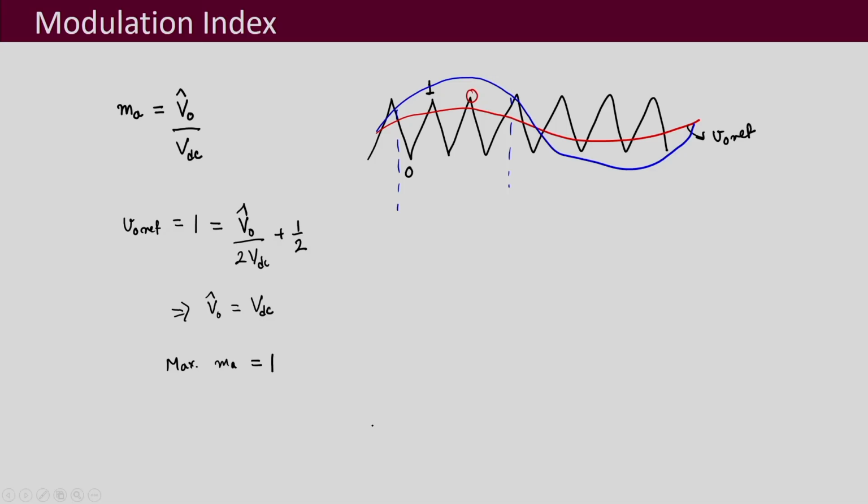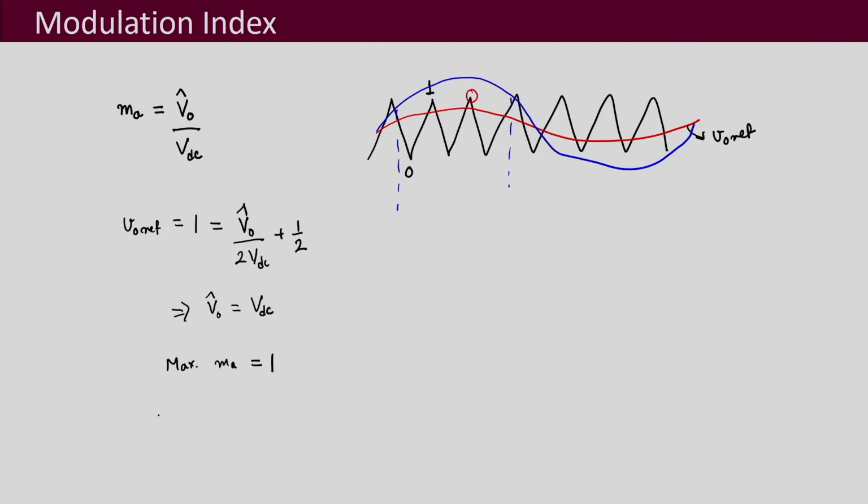What is the use of this maximum modulation index? This gives us an indication of the minimum VDC that you require for your converter. Usually when you are designing a converter, you know the targeted output. Then you have to find out how much DC bus voltage needs to be created.